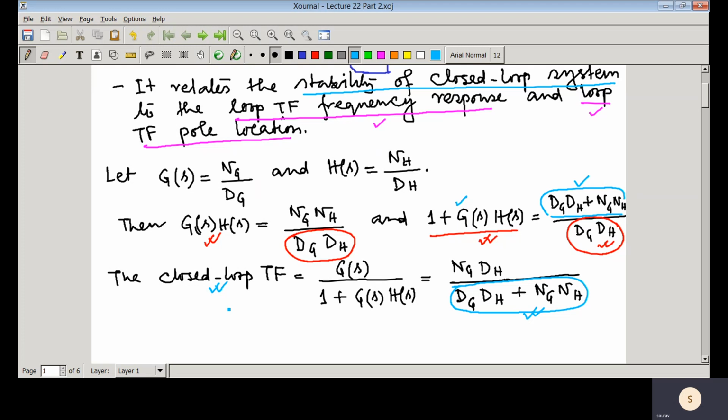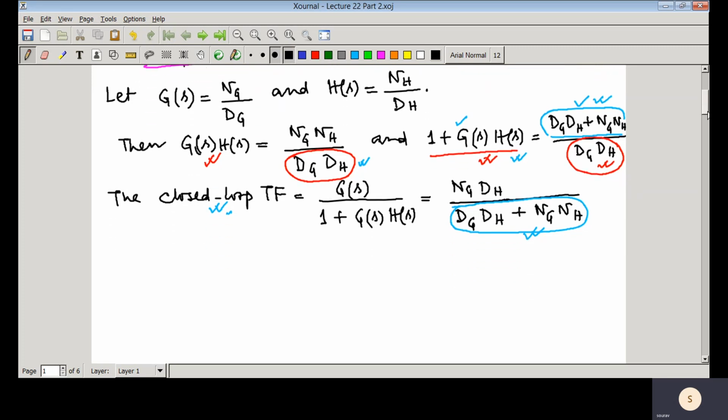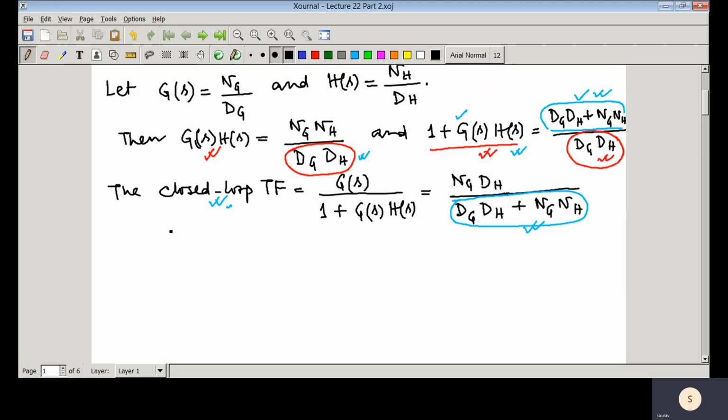Repeating: the closed loop system's poles are nothing but the zeros of 1 plus G(s)H(s). On the other hand, the poles of 1 plus G(s)H(s) are nothing but the poles of the open loop transfer function. We can write it here, because this information will be required whenever we discuss the Nyquist stability criterion.